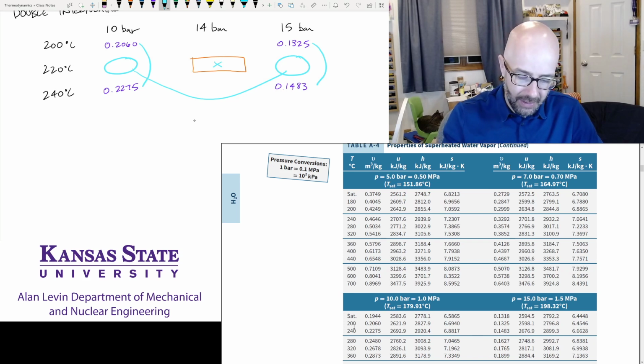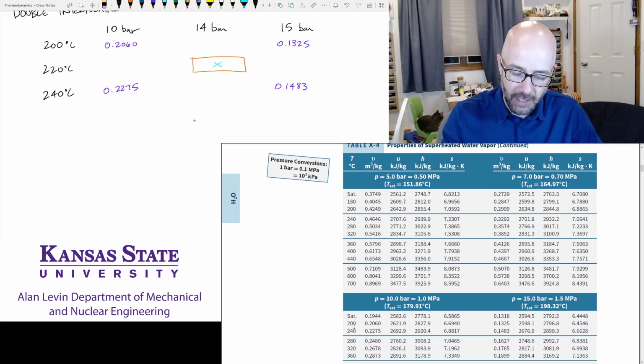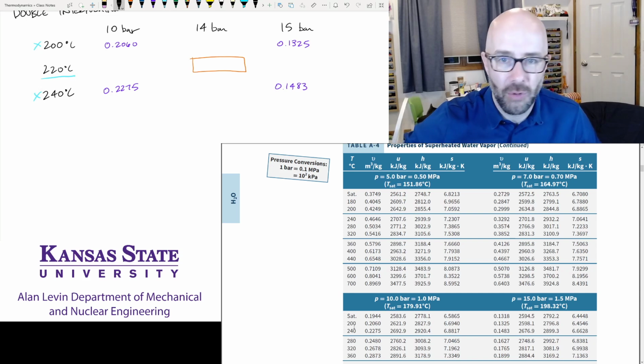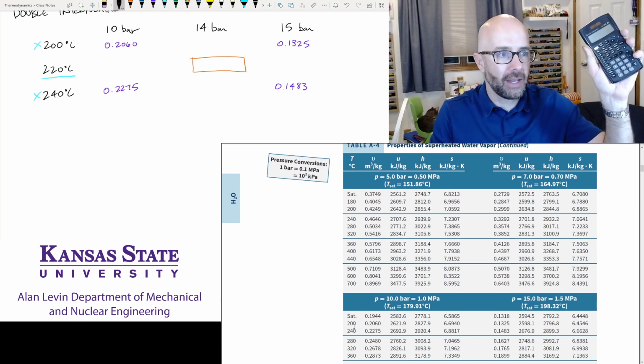In this situation, we happen to have that special interpolation situation where our value, 220, is halfway between two values. When your interpolation value is halfway between, that's just a simple average. So I'm going to pull out my calculator.